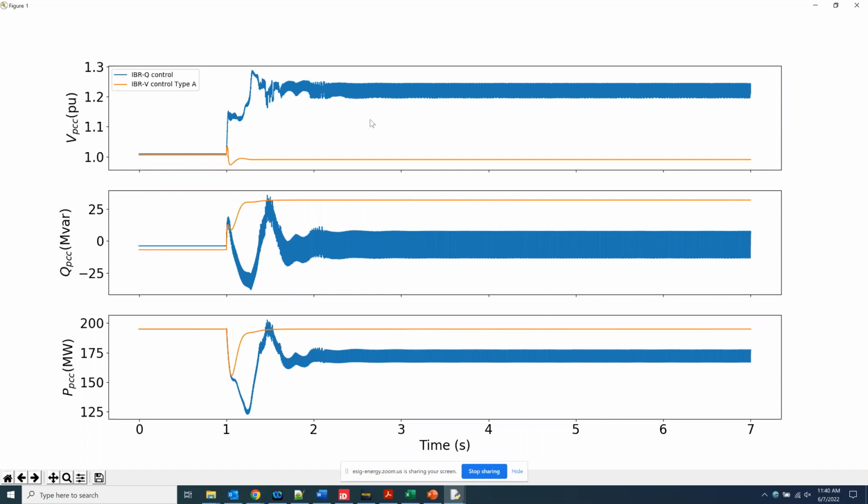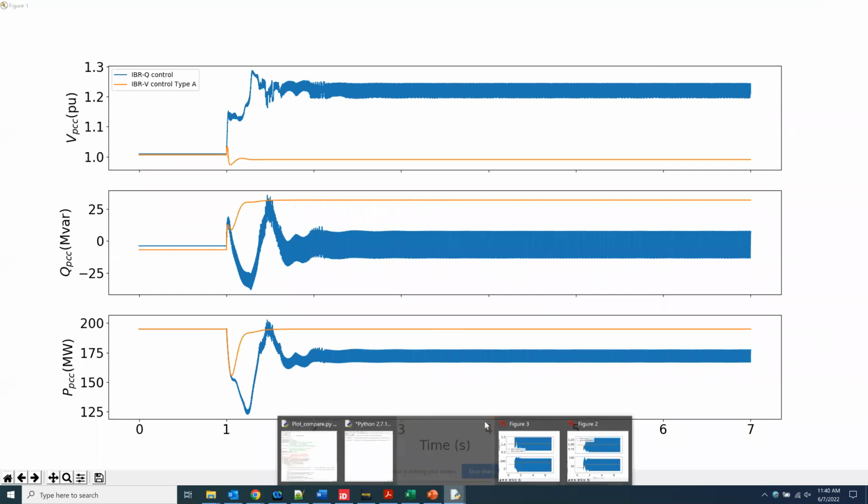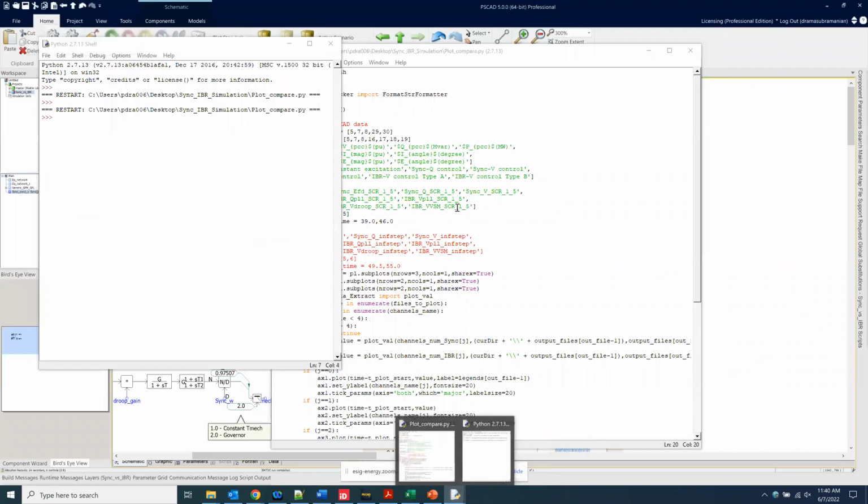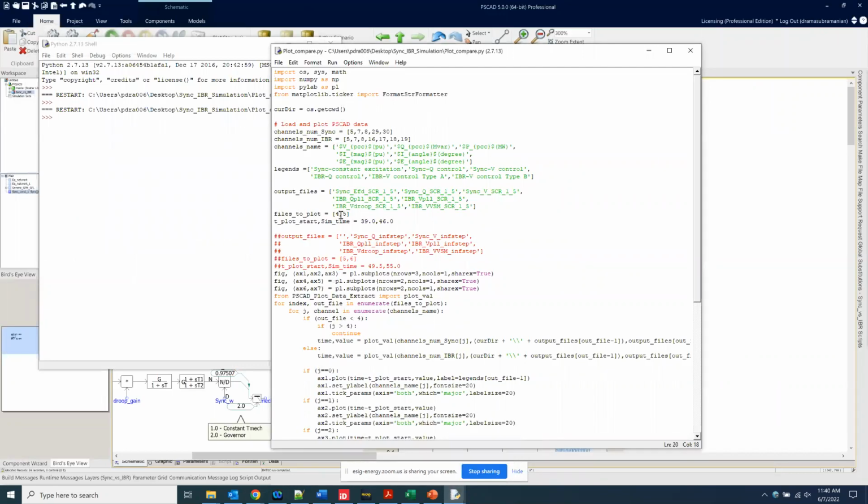So conceptually, if we move to fast voltage control at the inverter level, then you still have the same response that you see in those first few cycles, but then you're able to maintain a stable behavior.